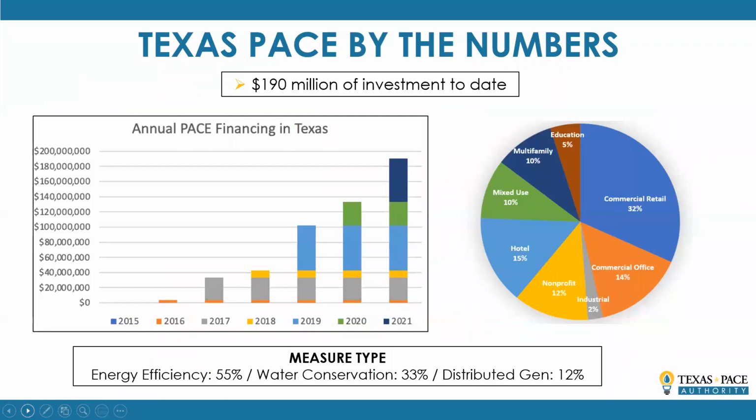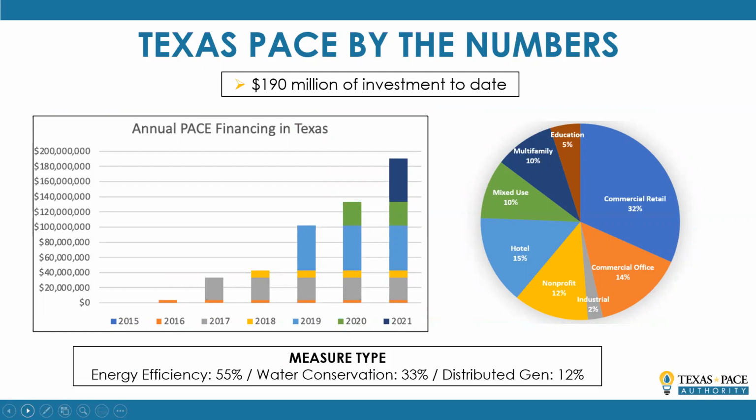If you look at the progress and really the numbers and adoption of PACE by projects, over $190 million of investment to date through PACE. And it's really hockey stick growth from 2015 when there wasn't a project yet to 2021 when we're up to $190 million. It's been pretty steady even during the COVID year in 2020.